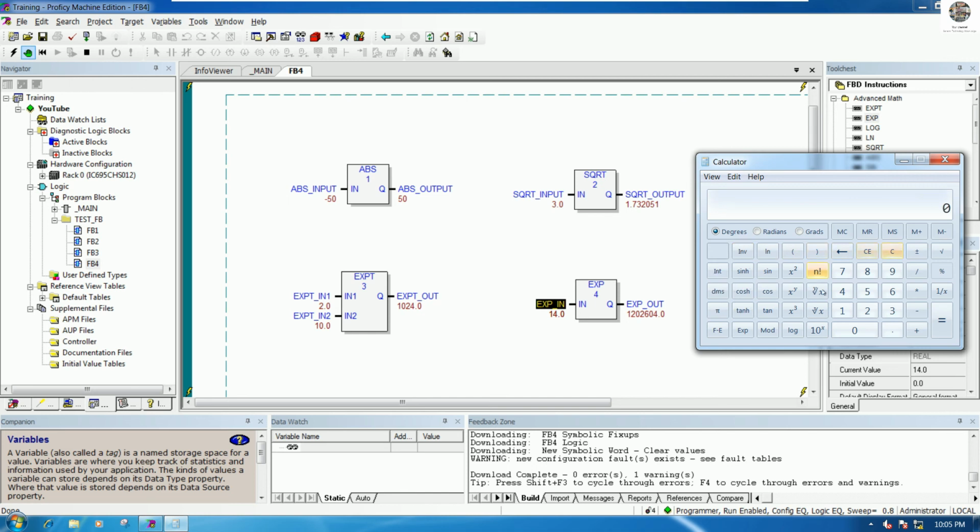So I invert 14, power by e power by 14, so equal like this. It should be the same, yes. So it is the advanced function math for PLC GE about exponential.